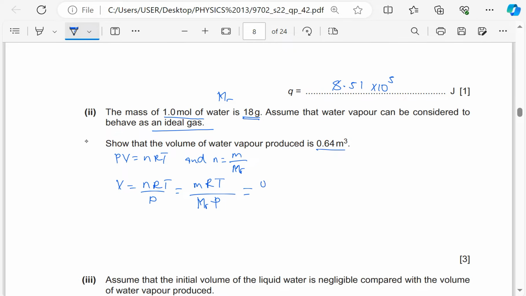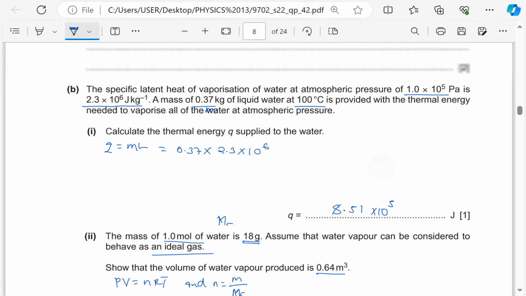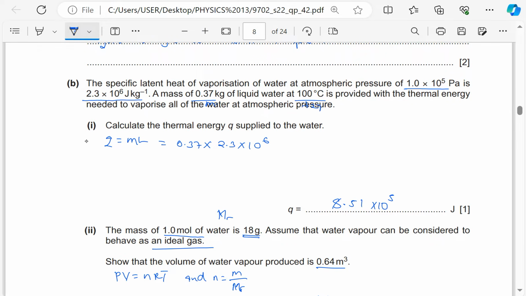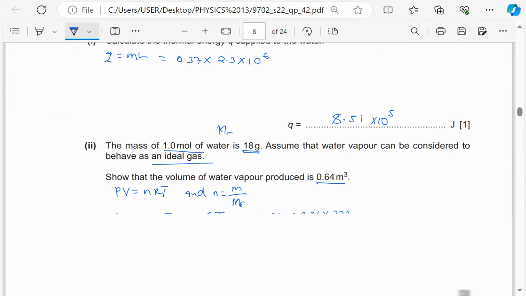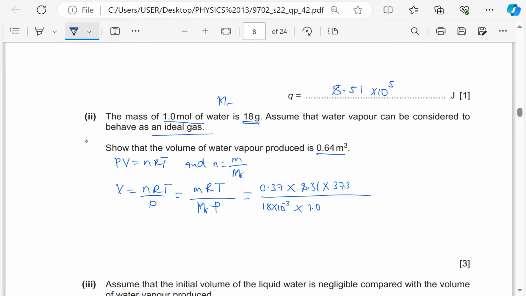So the other one was 0.37 kilograms times R, the molar gas constant, is 8.31. The temperature was 100 degrees Celsius, so I have to add 273. So it becomes 373. Then I divide by 18 grams, to be 18 times 10 to the power of minus 3. Then times the pressure. The pressure is 1.0 times 10 to the power of 5 pascals.